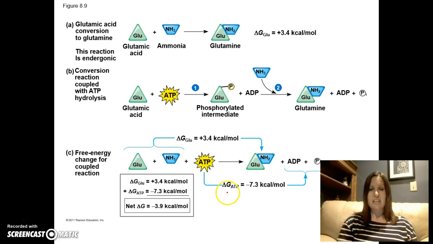And the delta G that we get from the hydrolysis of ATP is negative 7.3. So the end result, delta G, is negative 3.9. It's still an exergonic reaction because the amount of energy needed to push the reaction forward is less than the amount of energy that was released from ATP hydrolysis.